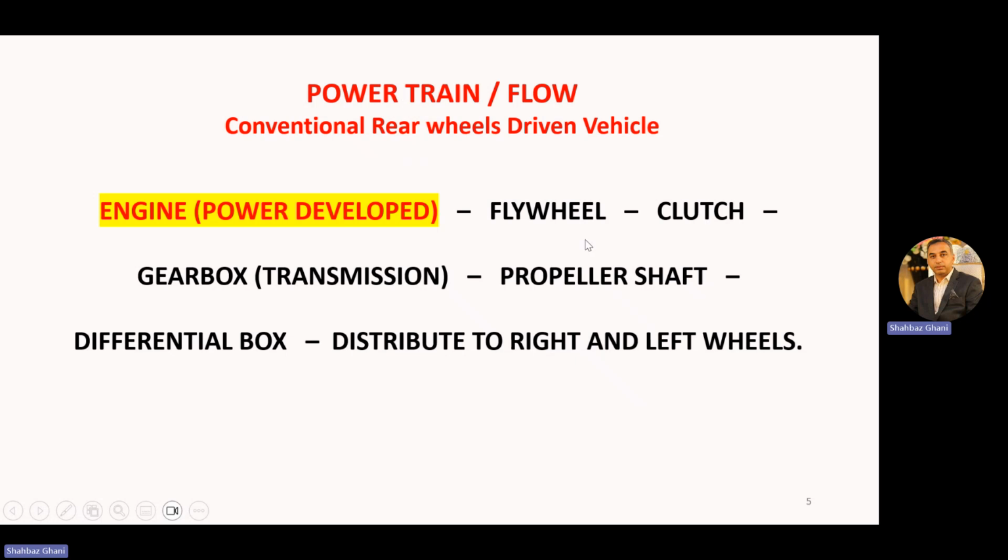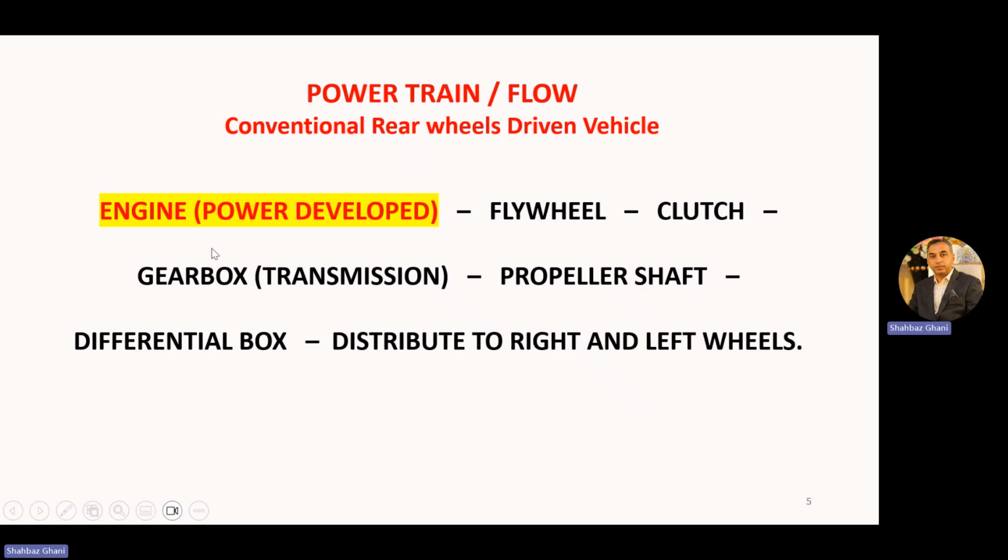From that clutch, the power goes to the gearbox. That gearbox is known as the transmission. And from that transmission, the power transmits to the propeller shaft. It is also known as the prop shaft. And then from the prop shaft, it goes to the differential box where it is distributed to your right and left wheels and your vehicle moves.